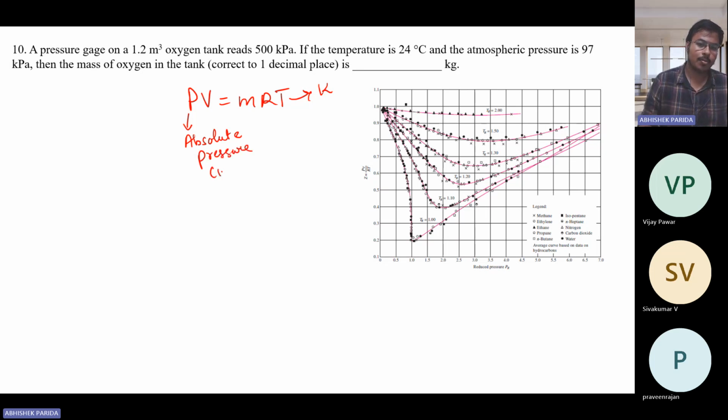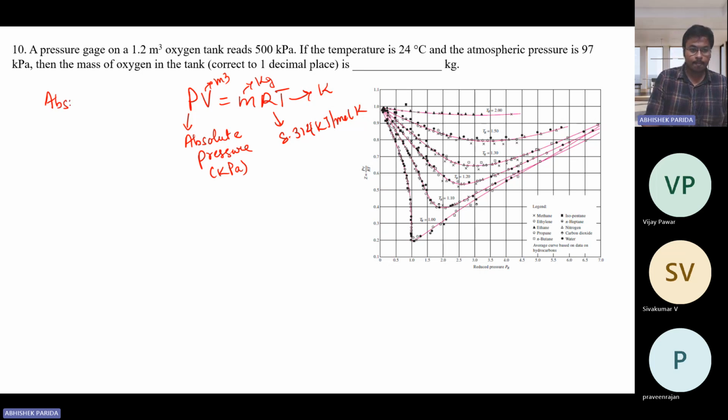And mostly this will be in kilopascal, and so then only you can use here 8.31. Always try to remember, because this will be kilojoule per mole Kelvin. This one will be kg, this one will be in meter cube. This will always be absolute pressure, never gauge pressure. You cannot put gauge pressure in this formula. So first you will calculate absolute pressure.